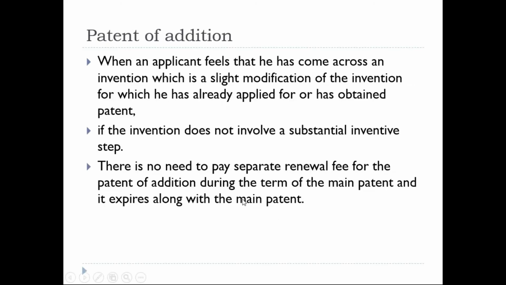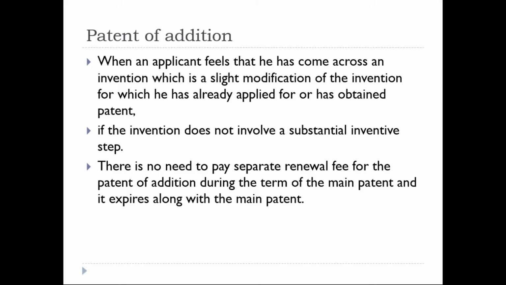The next thing you need to understand is patent of addition. What is the meaning of this, right? Now you have filed one patent, you keep working on that invention here and there, and finally you landed up adding some features to it, right? Please understand one important thing here.